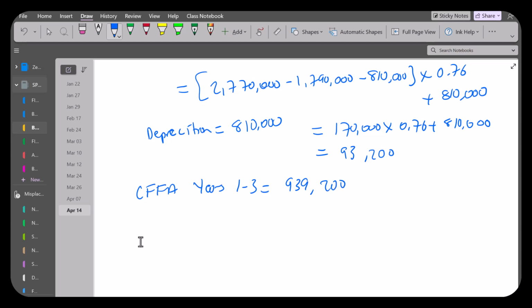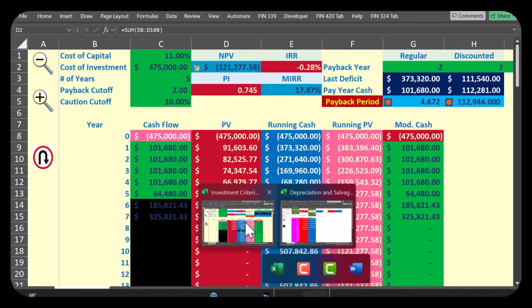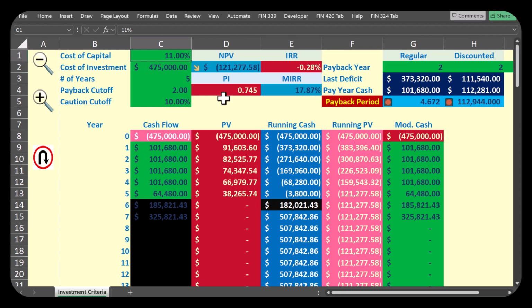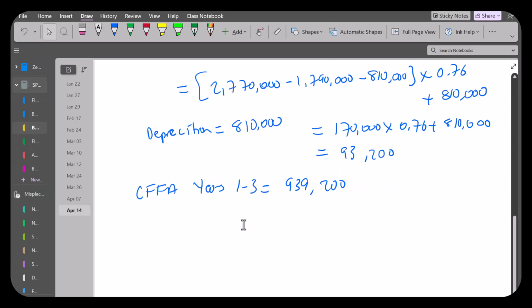To calculate the NPV, all I have to do is go to my template. Discount rate is 10. Initial cost is 2.42 million. You should always use year zero cash flow as your initial cost or negative of that. 3 years tax life, 939,200.